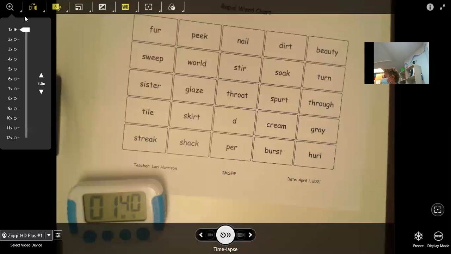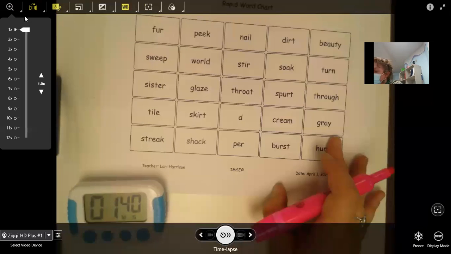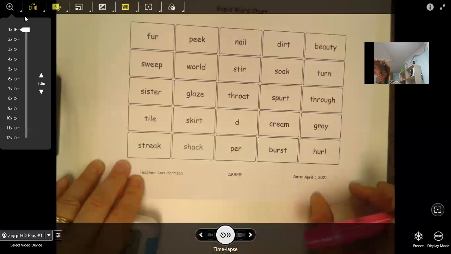So, all right. Let's find red words. Red words first. What are red words this week that I need to mark? Astria, do you see a red word in there? Say it again. Got it.